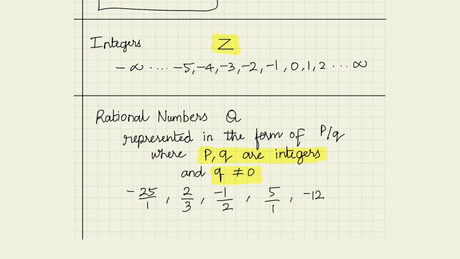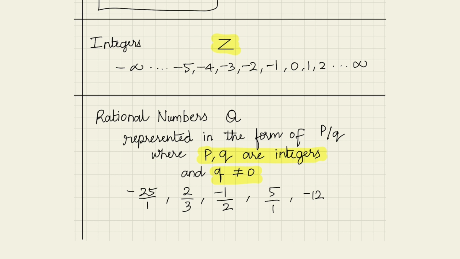Like what we saw previously, the definition of integers: all negative non-fractional numbers are integers, right? So minus 25 is technically an integer, but minus 25 can be represented in the form of p divided by q, where both p and q are integers.